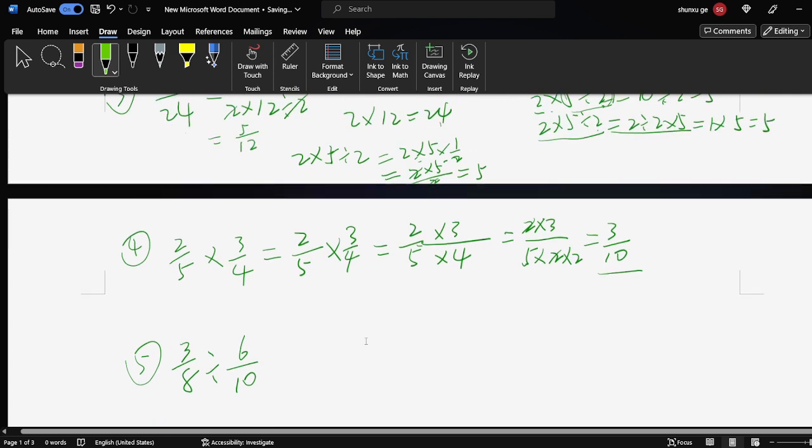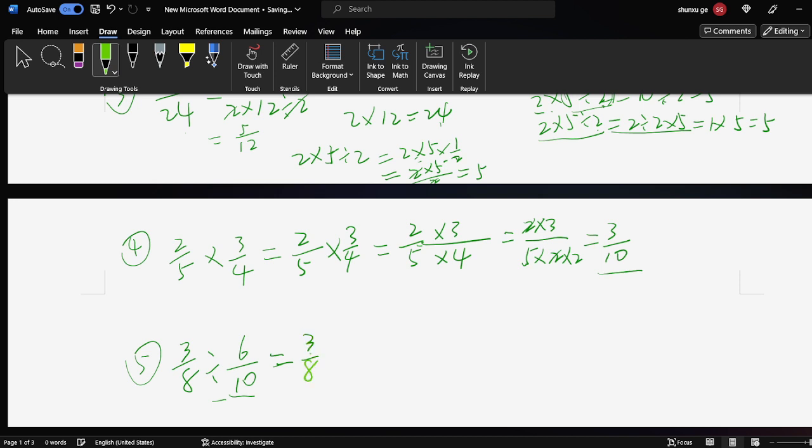Okay, here is another calculation. It's division. According to the division rule, we can change division to multiplication. But meanwhile, we should take this number, this 6/10, to its reciprocal. Okay, we do that. 3/8.